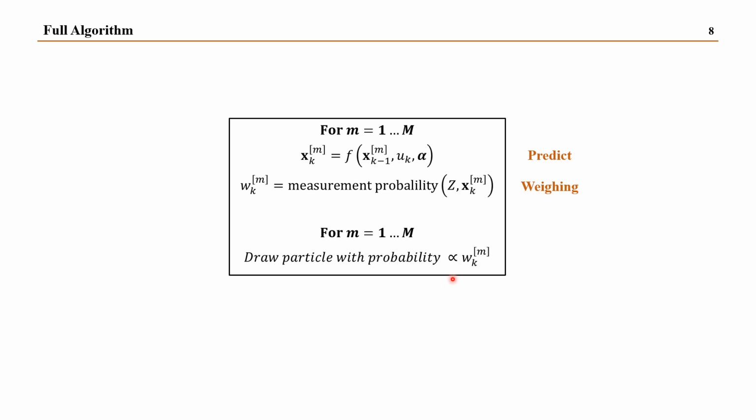So this serves to relocate or refocus the particles to high probability regions, and actually has the effect of trying to approximate the posterior of the states after incorporating the measurements. So this is the resampling step.